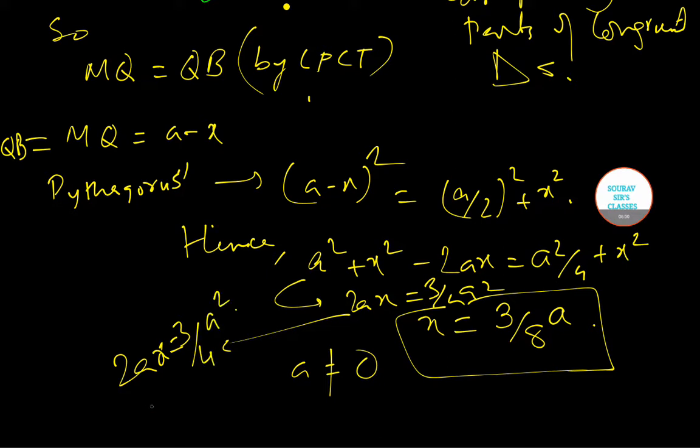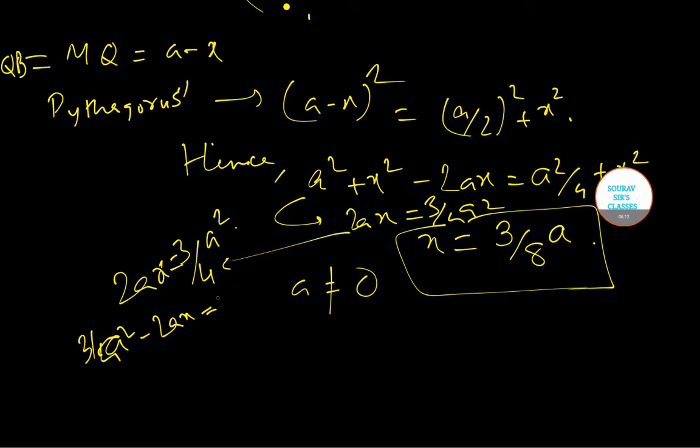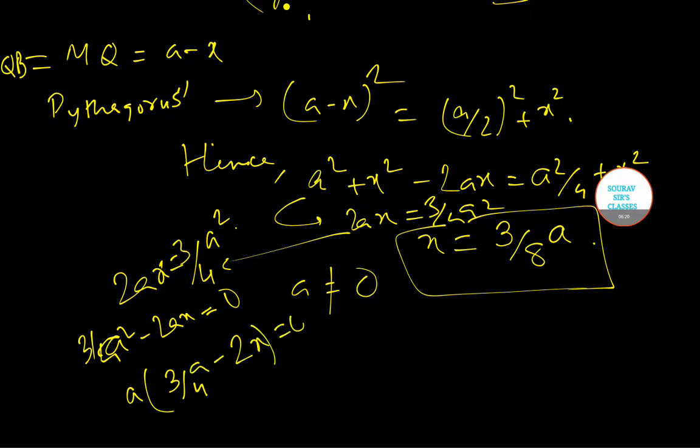and we have a square minus 2ax equals to 3 by 4 a square minus 2ax equals to 0. So a into (3 by 4 a minus 2x) equals to 0.